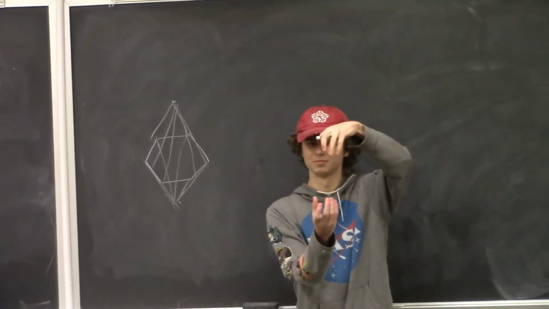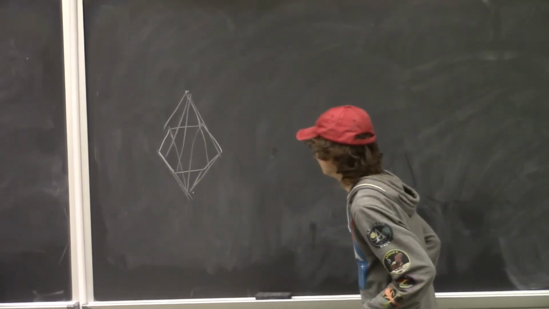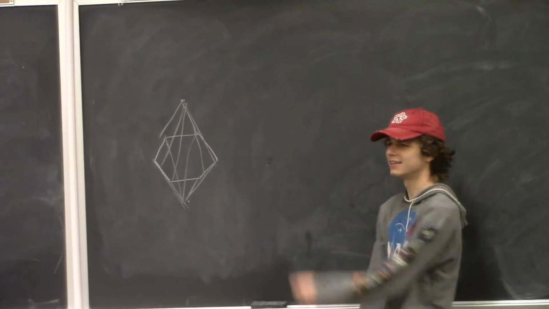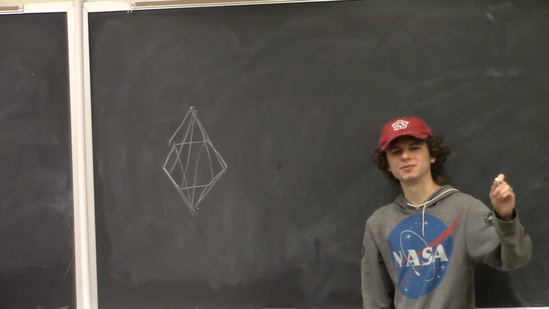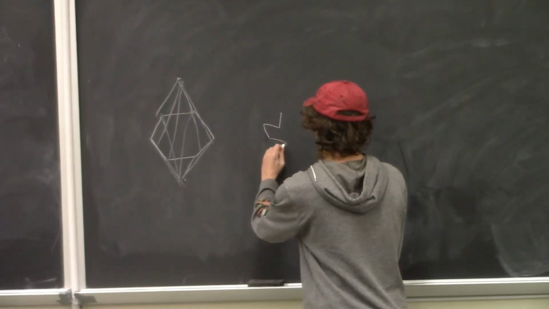See, you can rotate and flip, and it's face transitive. And then you have the D10, where it's like this, but the middle line's squiggly. No, that's terrible.